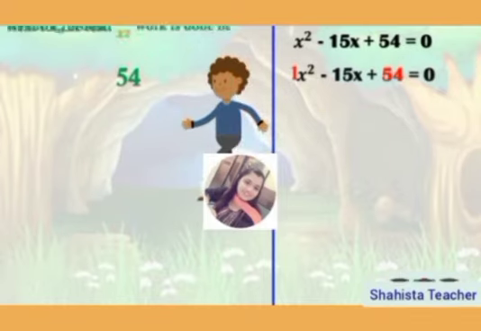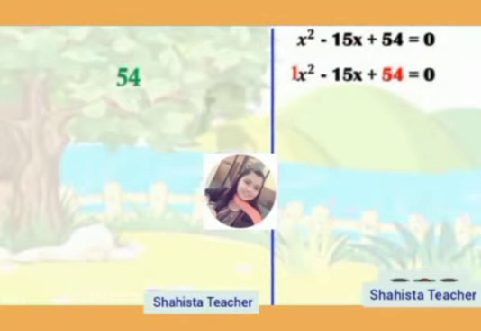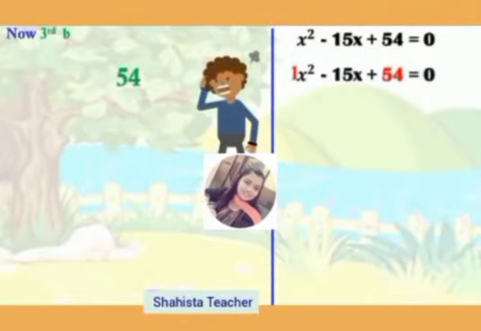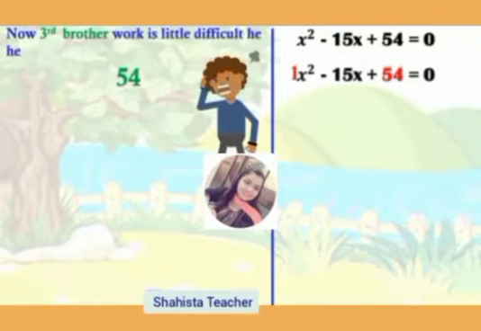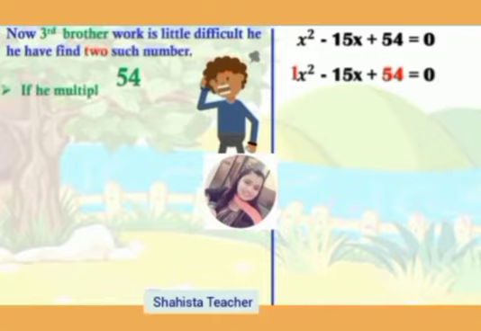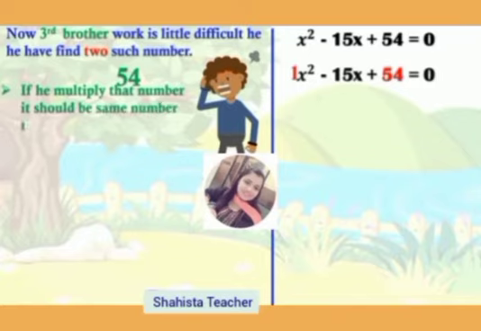Now the third brother's work starts. He is facing difficulty to find the root. The third brother's work is a little difficult. He has to find two such numbers. After multiplying he should get 54, the same number that he received from the first brother.